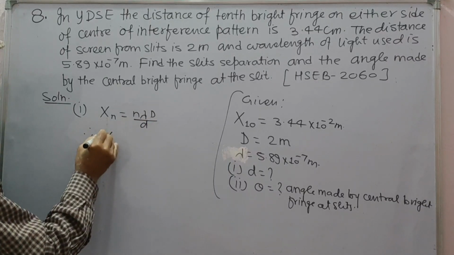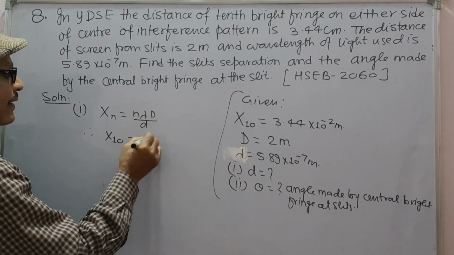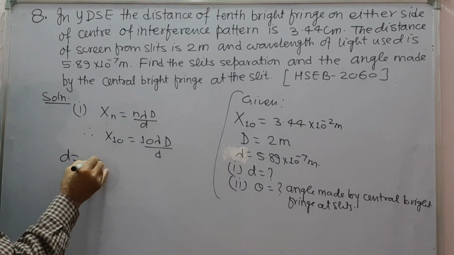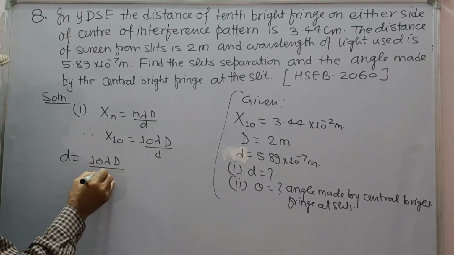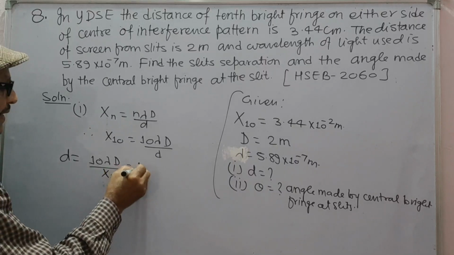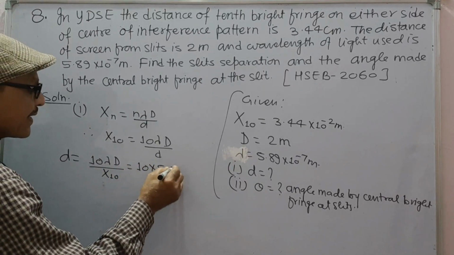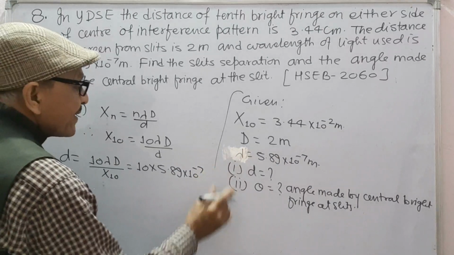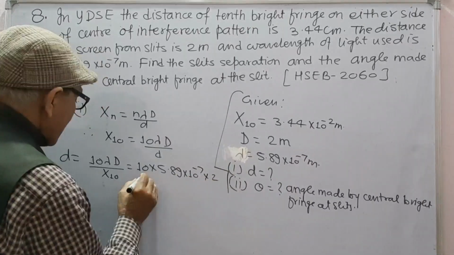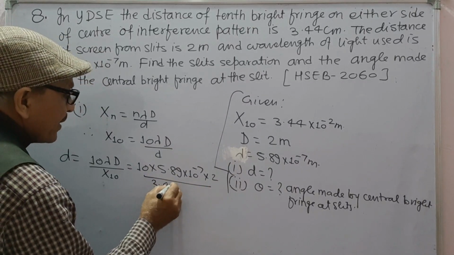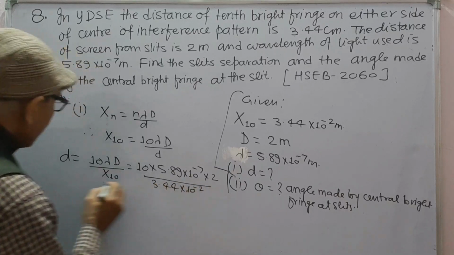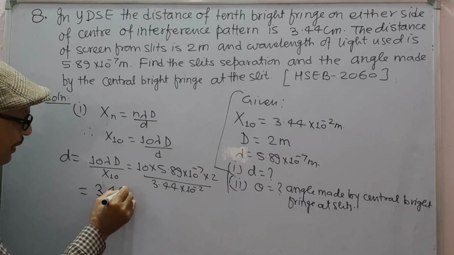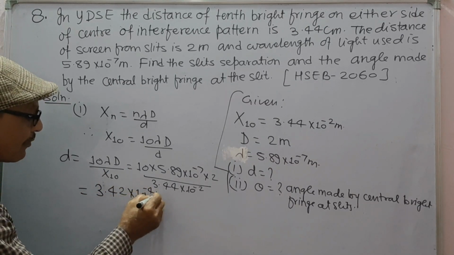Therefore, x10 will be equal to 10 lambda D upon small d, which gives small d as 10 lambda D upon x10. 10 lambda is 5.89 into 10 to minus 7 into capital D is 2, x10 is 3.44 into 10 to minus 2. So we get 3.42 into 10 to minus 4 meter.